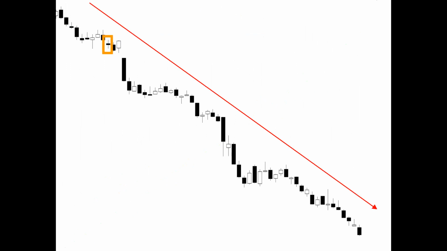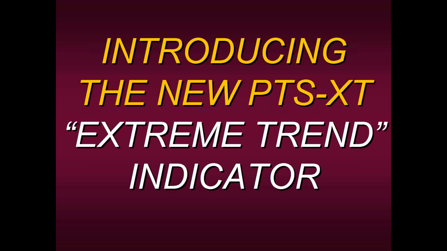But we have seen, since we've been working on this for the last roughly 6 months, there is a high level of consistency that when signals like this are generated, you will, right off the bat, generate a really strong and extreme trend in that direction. So these are the type of signals you want to be taking, all right? Now, this is where we're introducing our new PTS XT Extreme Trend Indicator.